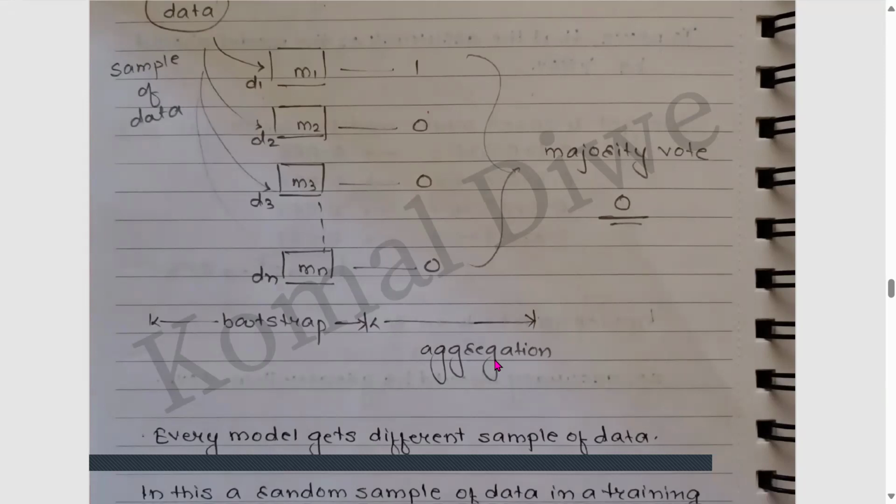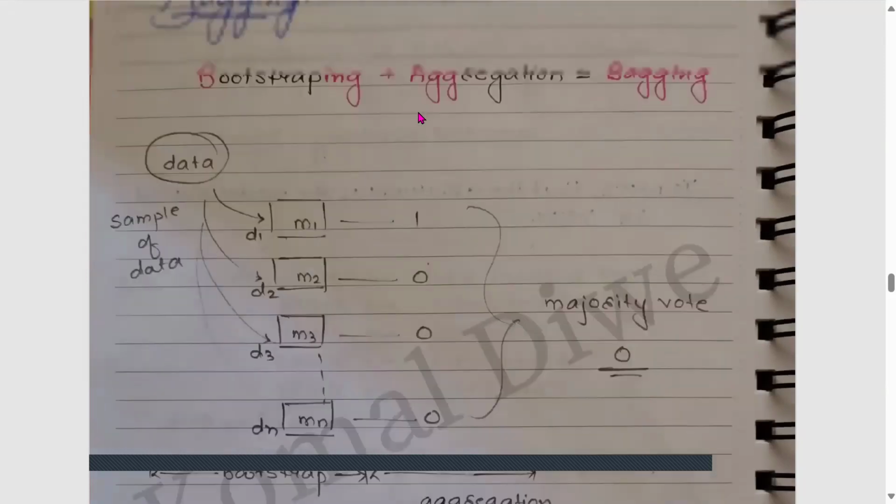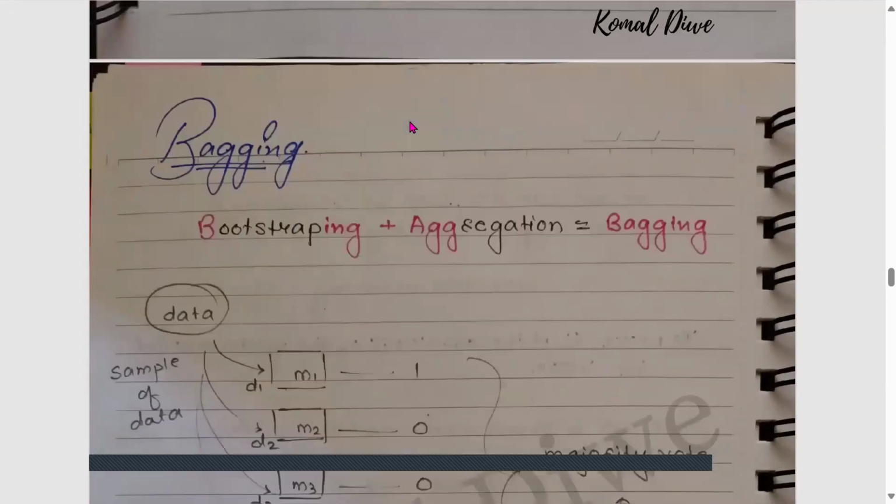That is what I'm telling you: remember and be focused. Once again, revise with me. Bagging is the combination of two words: one, bootstrapping, plus second, aggregation.